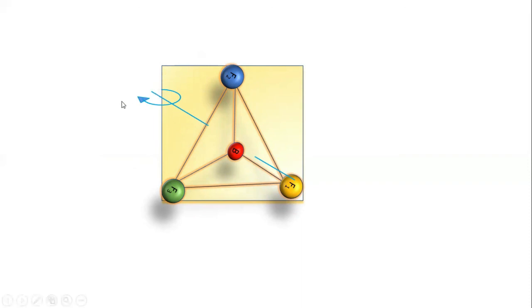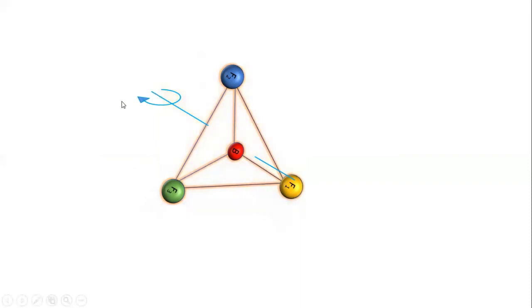After the reflection, we get a configuration which is similar to that of the molecule. It has its own reflection, but it is indistinguishable from the original configuration, though not an identical configuration. So here comes the S3 symmetry operation, that is the improper axis of rotation.